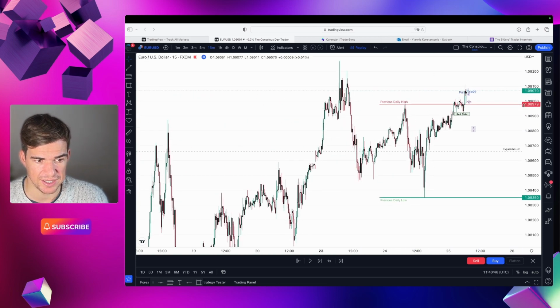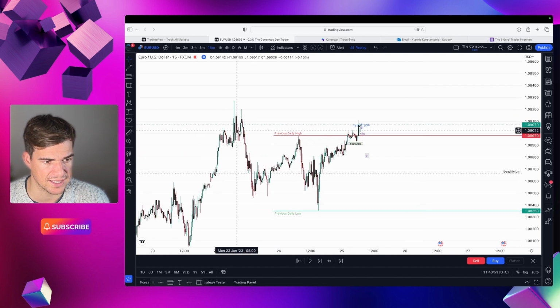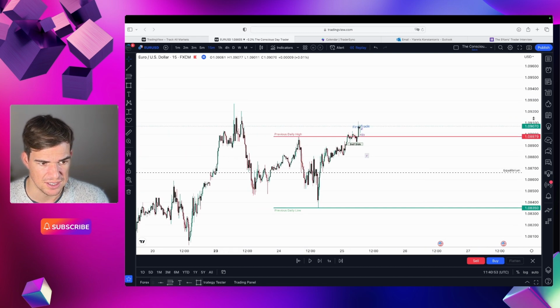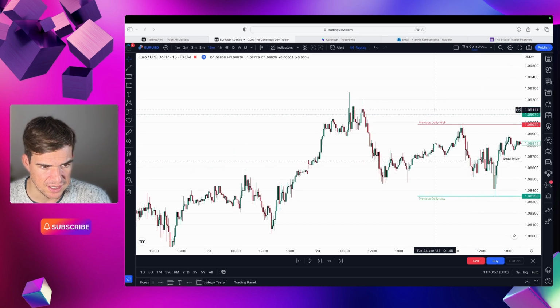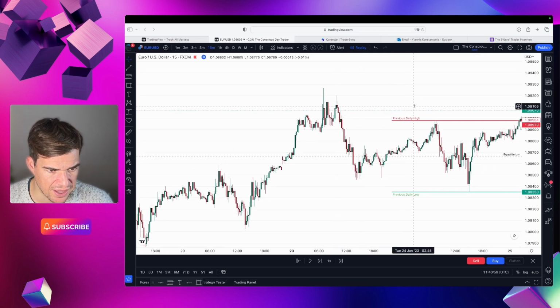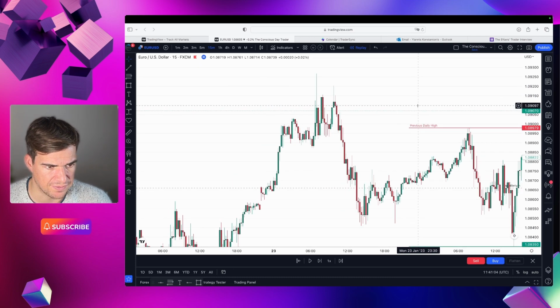Now, is there anything that can go in target above? Yes, it could go all the way and take out these highs. But what you also want to see on the left side here is if it had any fair value gaps that it could potentially go up to and fulfill that gap.